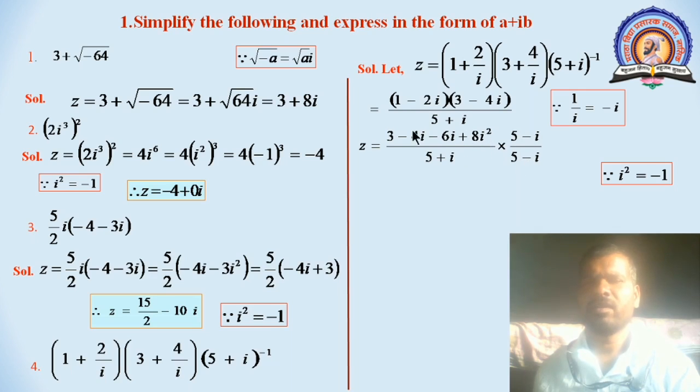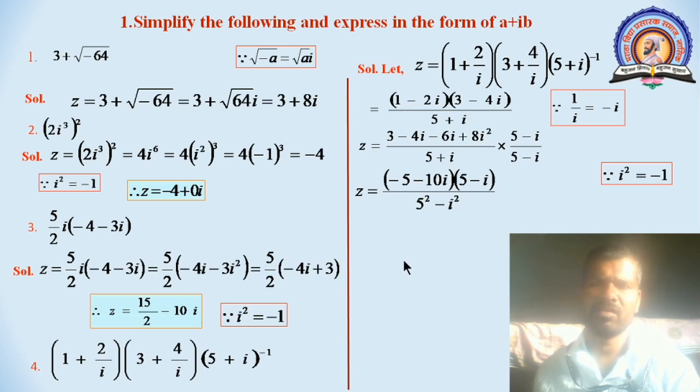Now multiply these two brackets, we get (3 minus 4i minus 6i plus 8i squared) upon (5 plus i). On simplifying and putting the value of i squared equal to minus 1, we have z is equal to (minus 5 minus 10i) into (5 minus i). In the denominator, (a plus b) into (a minus b) is a squared minus b squared. Therefore, a is 5 and b is i, so it will be 5 squared minus i squared. Again, i squared is equal to minus 1.